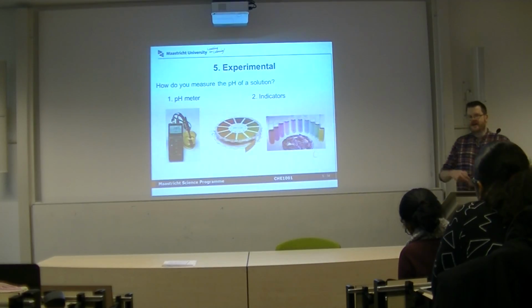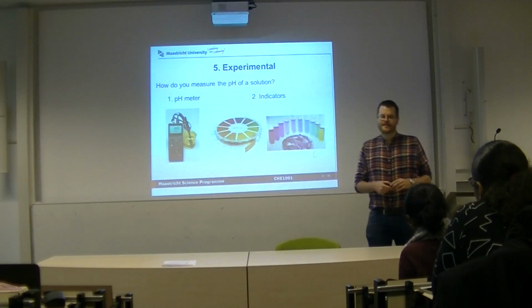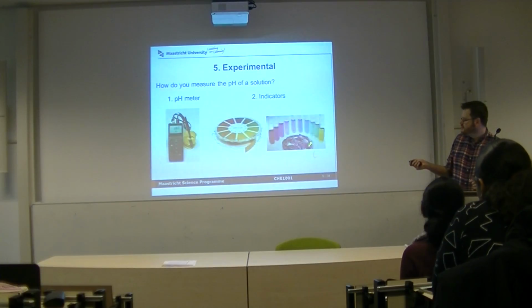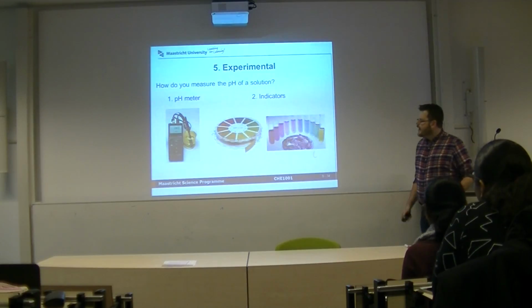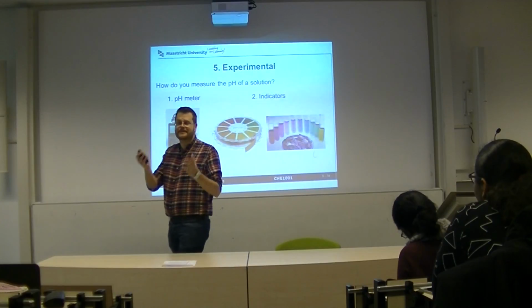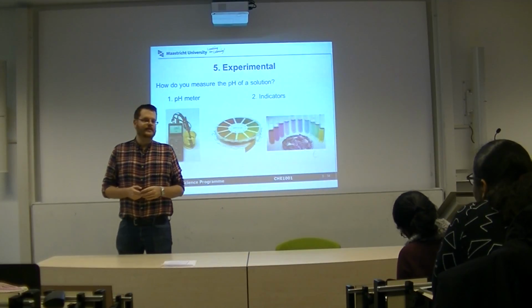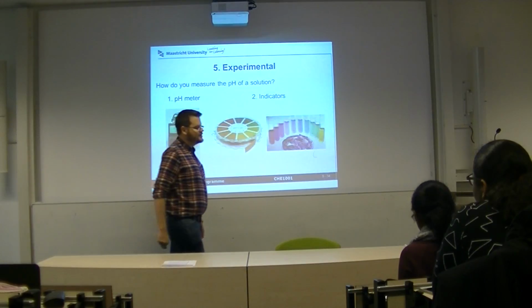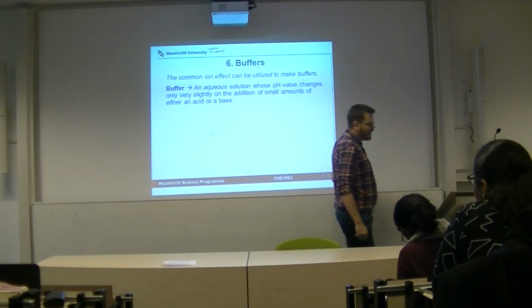There used to be a night of science, Lange Nacht der Wissenschaften, and we always used to do this cabbage juice experiment. Some substances have different colors at different pH values, and cabbage juice is one of them.